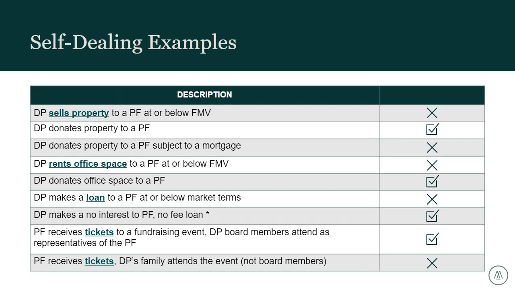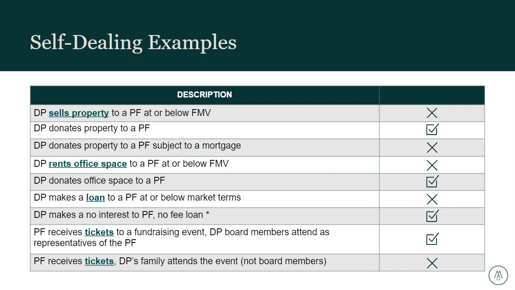And then with that, we'll go back to self-dealing examples and what we commonly see with our clients and prospects as to, okay, is this okay? Can we do these types of activities or not? So I'll just briefly walk through these self-dealing examples. In this case, the disqualified person sells property to a private foundation at or below fair market value.